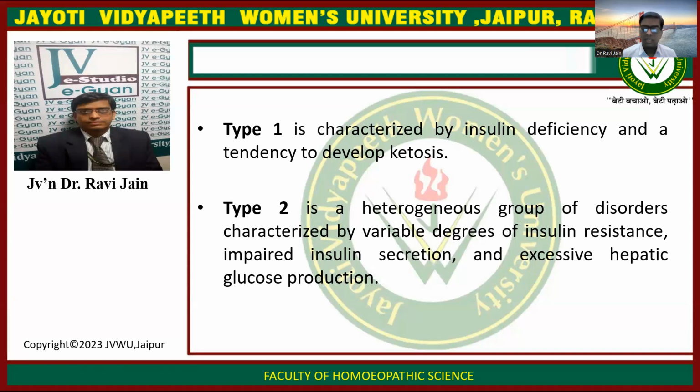So there are three things happening in type 2. Insulin becomes resistant, and when that happens, the body starts producing more and more insulin, and ultimately the cells burn out, which leads to impaired insulin secretion, and ultimately there is excessive production of glucose by the liver.